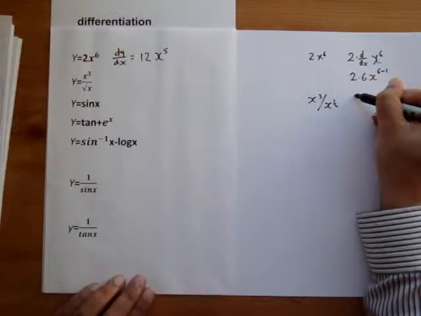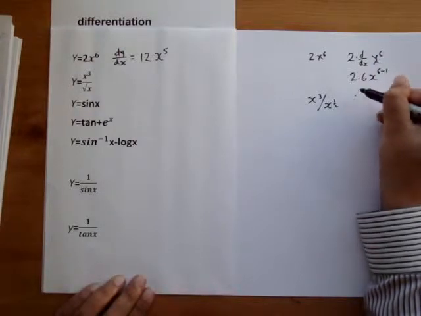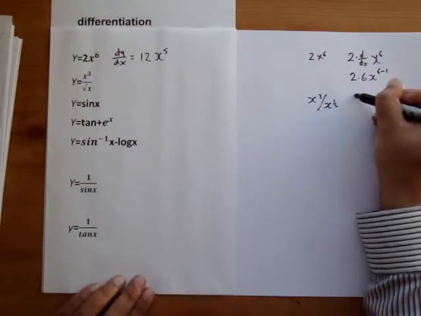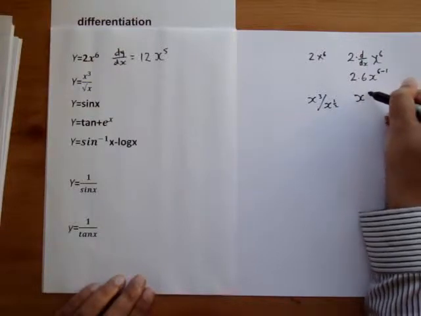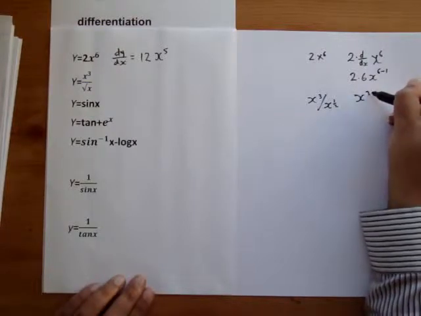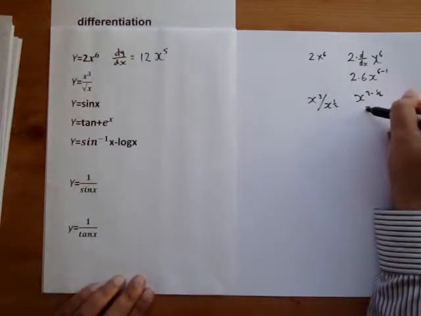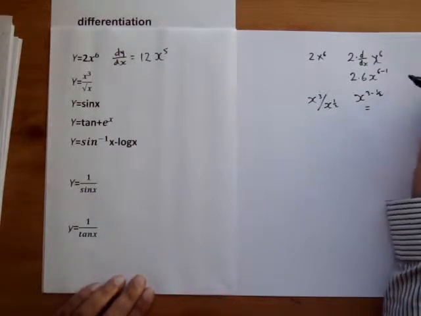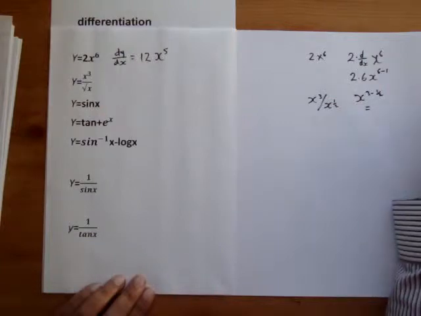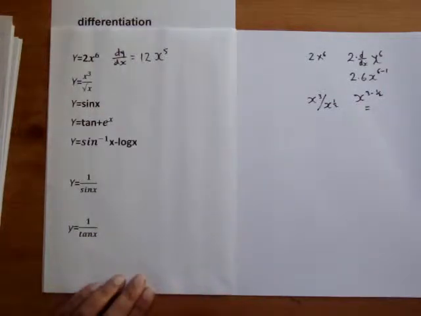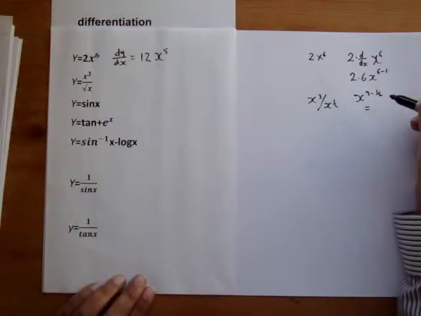So when we divide powers, we subtract them, so that becomes x to the 3 minus a half. Now we have 3 minus a half is 2.5, which is 5 over 2.